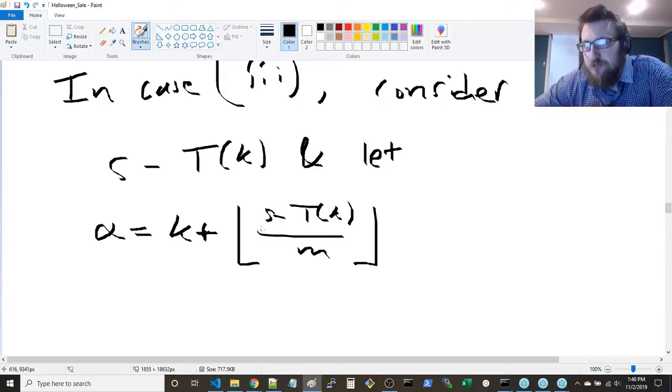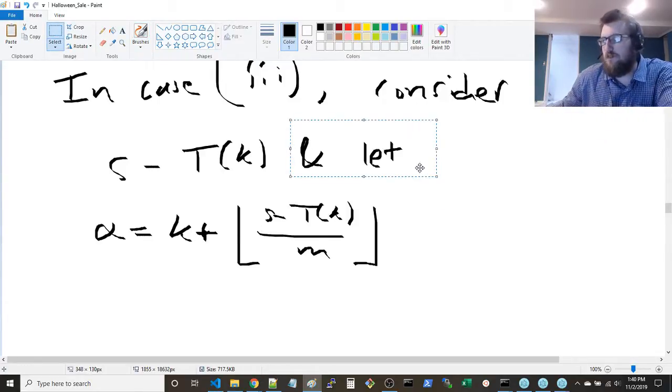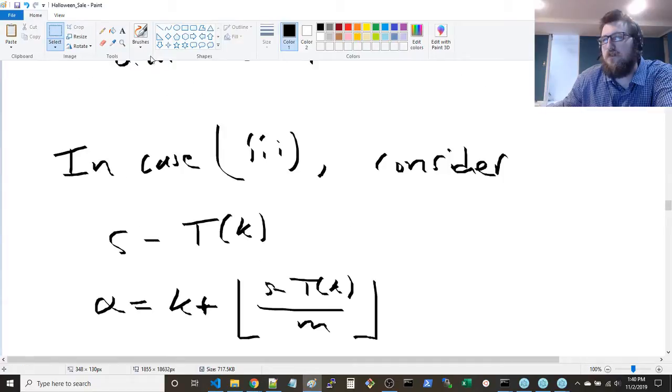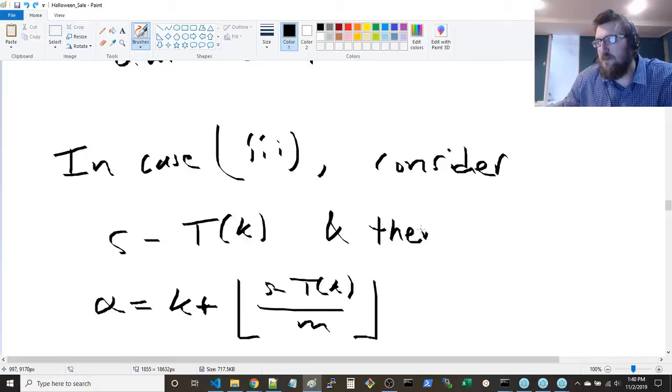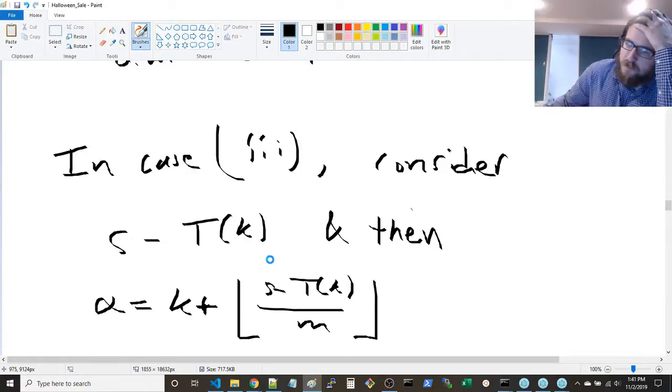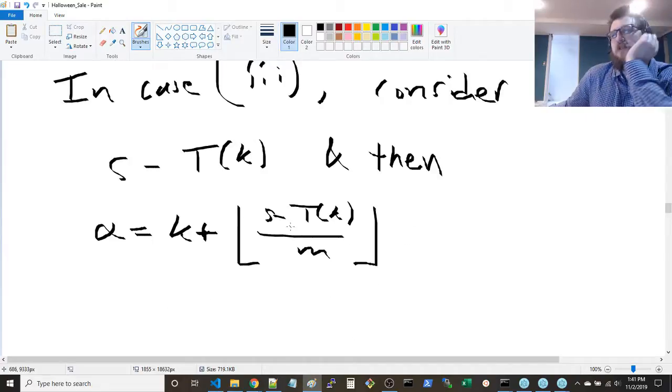So this is S minus T of K, which is what's left over, and then you divide by M to get the number of games.